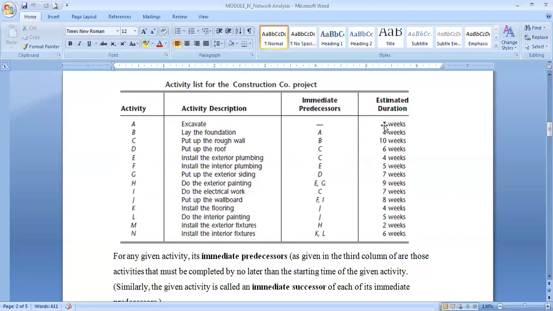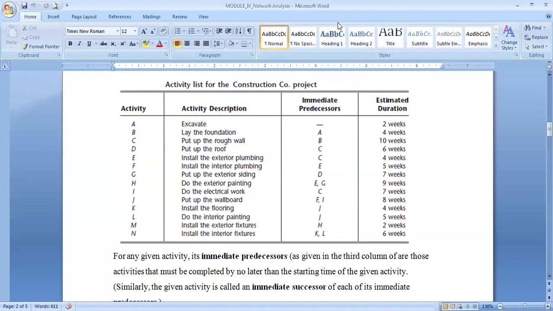These are the durations estimated to be allotted for the execution of each activity. Now we can say that the construction of the building is the project. That project consists of this many activities, and there is an interdependency between all these activities.